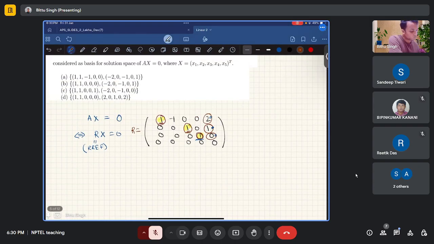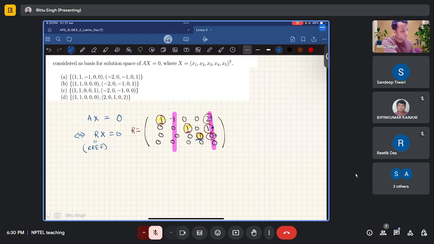Now you can see that these two columns are free because they do not contain any pivot element, right?